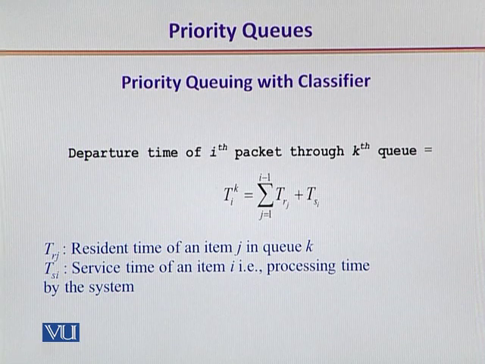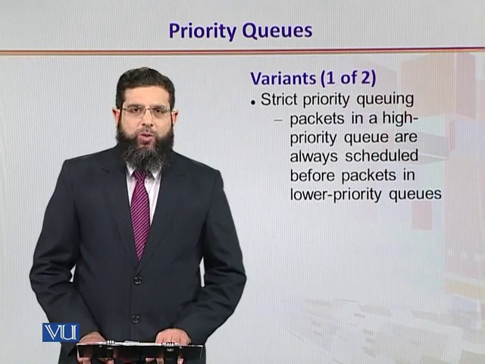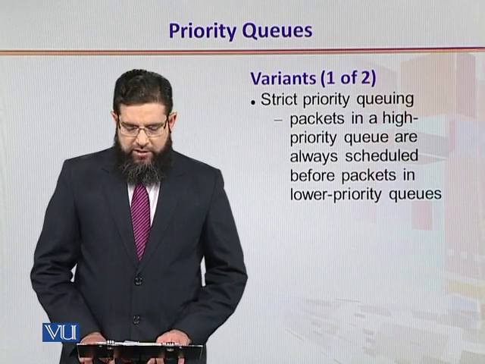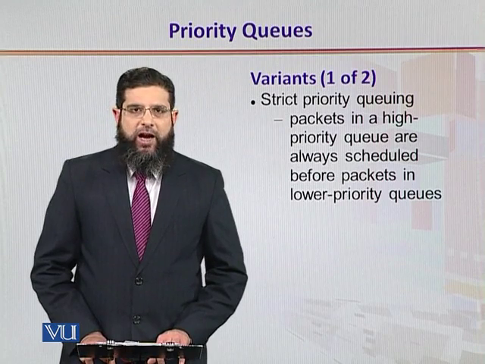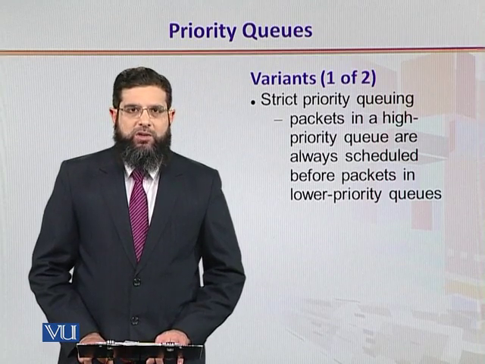So all the packets which belong to the higher priority queue would be accumulating their service time in T sub Si, whereas the residence time of this packet is the time when the packet arrives at the queue and then keeps on waiting for the higher priority queue packets to be processed first. The variants of priority queue can be grouped into strict priority queue and rate controlled priority queue.